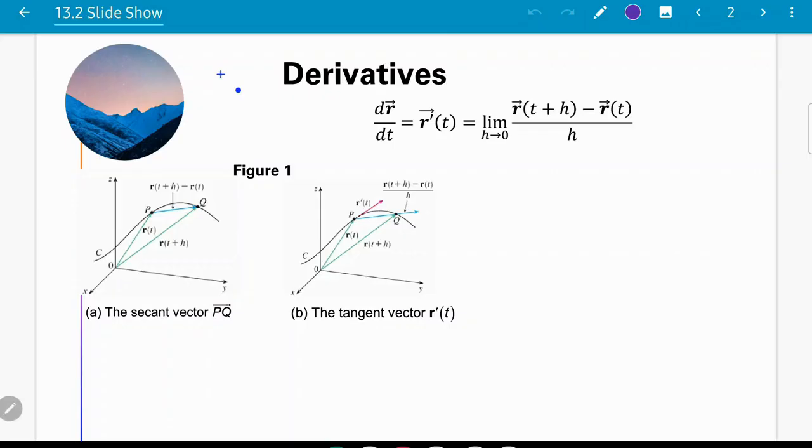the vector r of t plus h minus the vector r of t all over h.